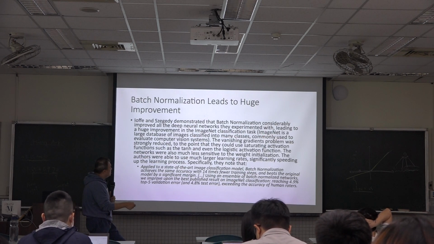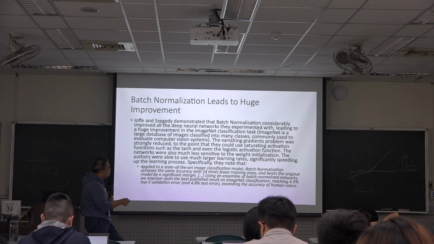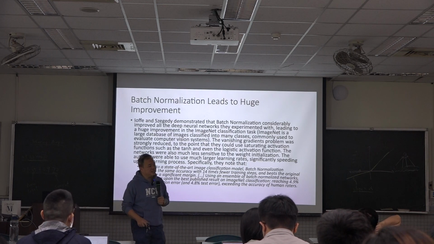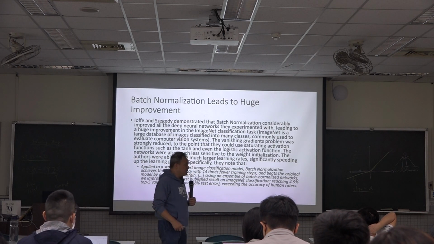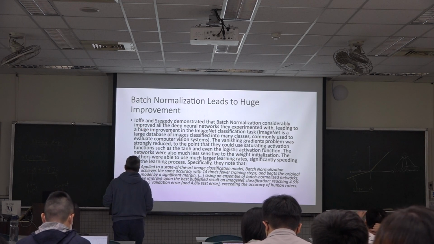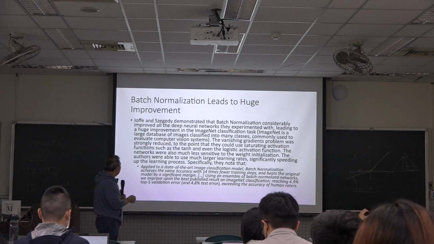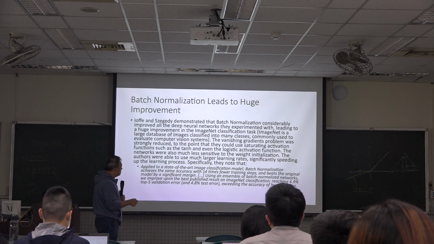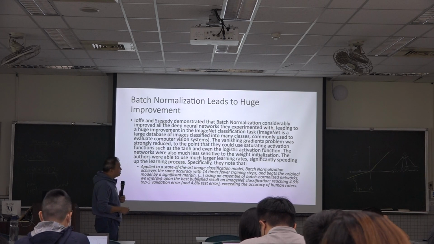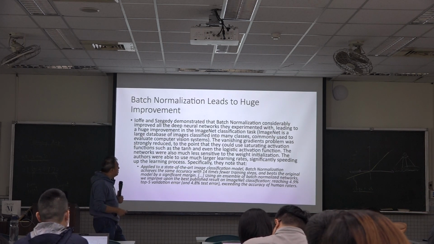ImageNet is a large database of images classified into many classes, I think about 1,000 classes, and the database is huge. It is commonly used to evaluate computer vision systems. It is a famous problem from the old days. We are going to talk about this again when we talk about CNN.